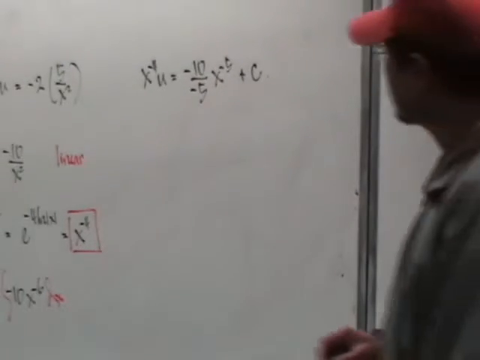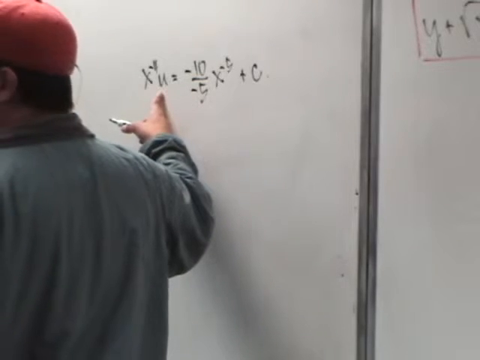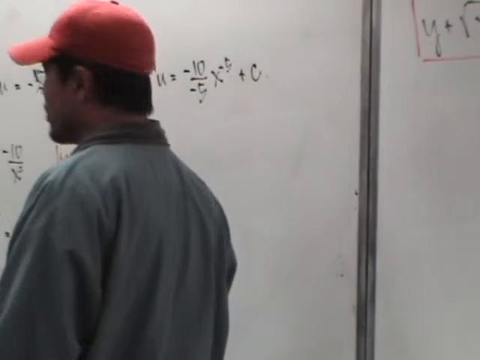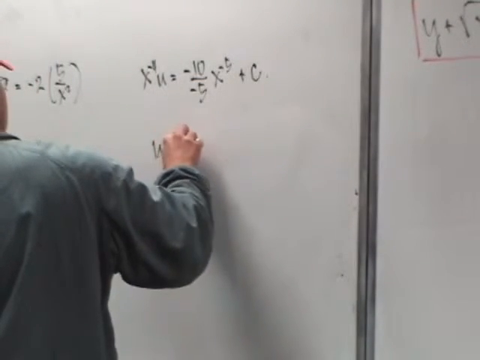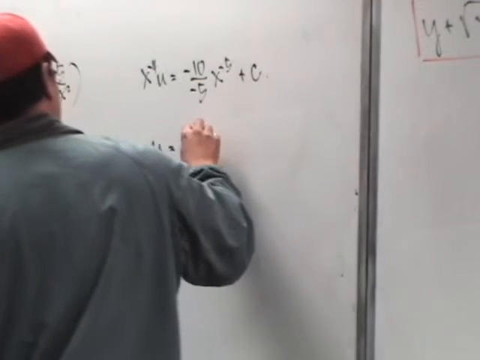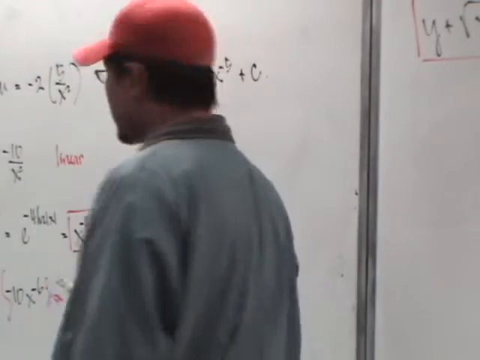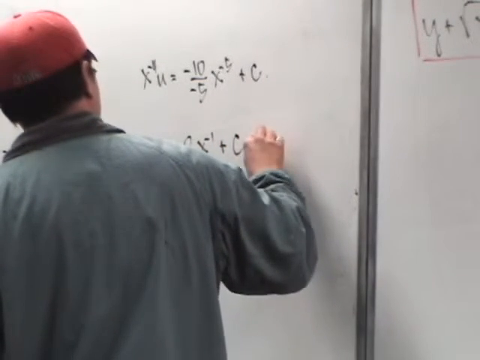Correct? Now I get rid of this x to the negative 4 and solve for u. So u is equal to 2x to the negative 1, or 2 over x, plus c times x to the 4th.